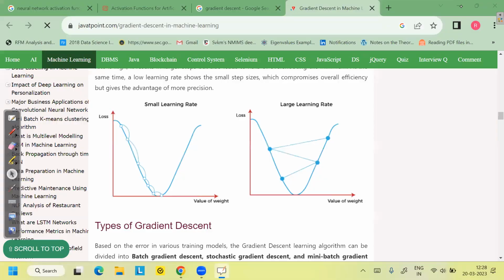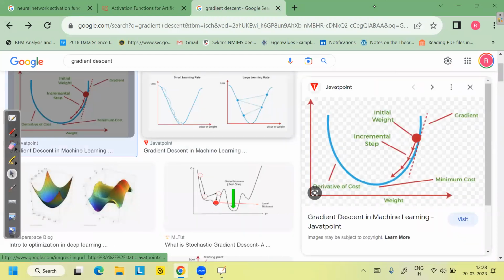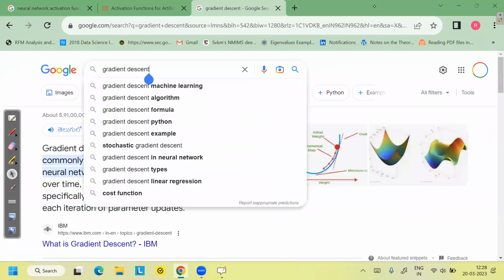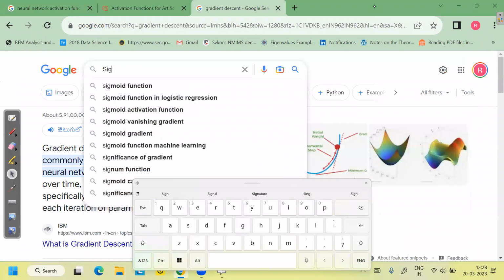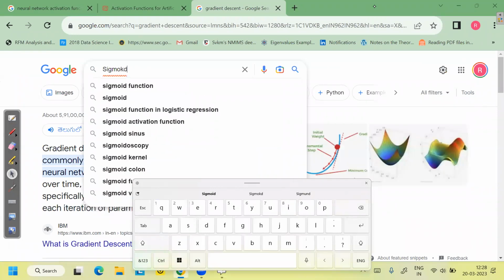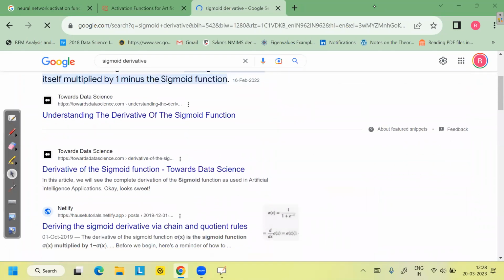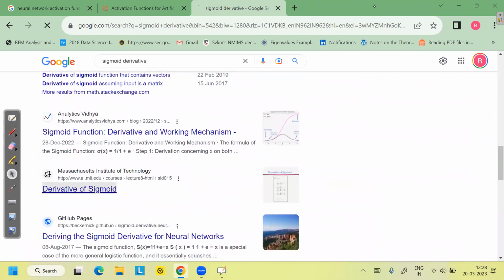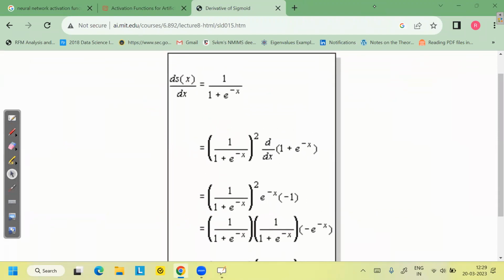Now this is the derivation. This is the derivative of sigmoid calculation.